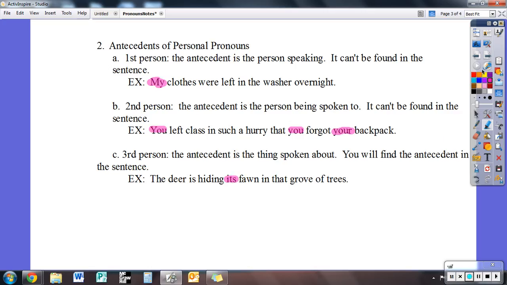And now, just for the sake of remaining in the same fashion of teaching, I'm going to switch colors, and let's find the antecedent. What is its referring to? We're referring back to deer. So deer is the antecedent. And the way that I draw those arrows, we're going to show that they're connected.